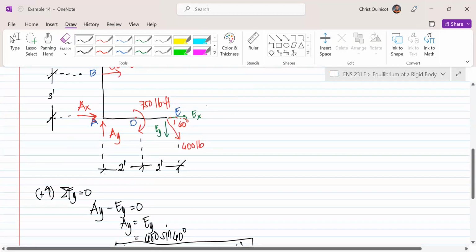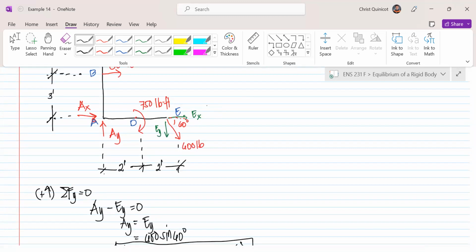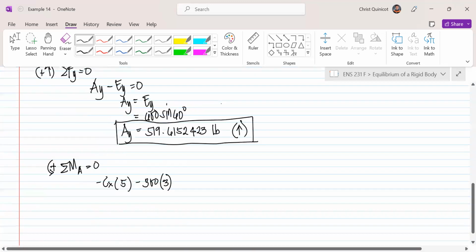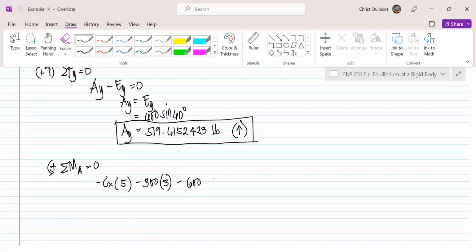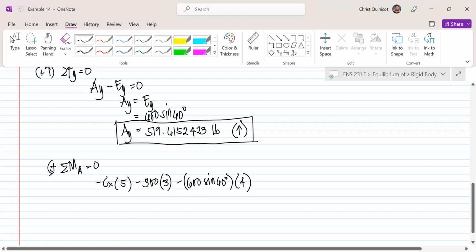Next, the x component of 600 pounds will not be considered because its line of action passes through point A. So only the y component, and that is 600 sine 60, and its perpendicular distance is 4 feet. So that is minus 600 sine 60 degrees, parentheses, times 4.